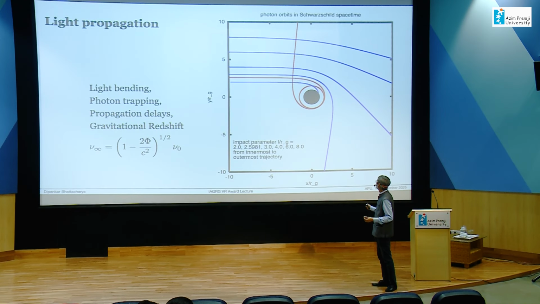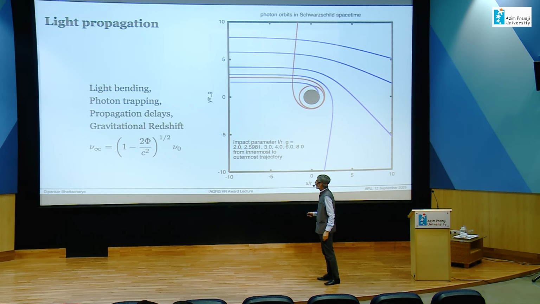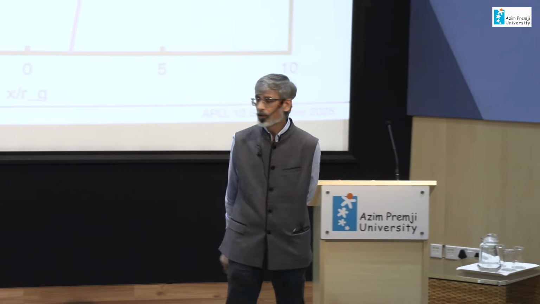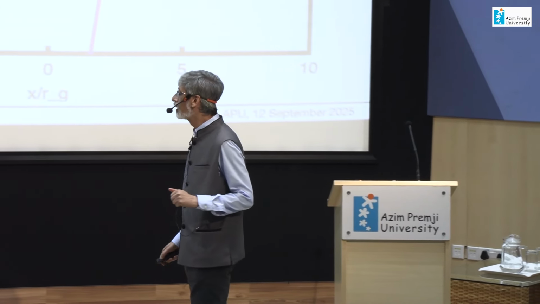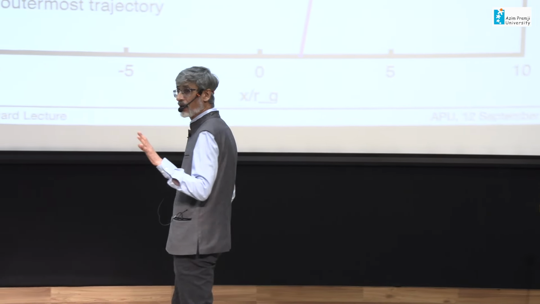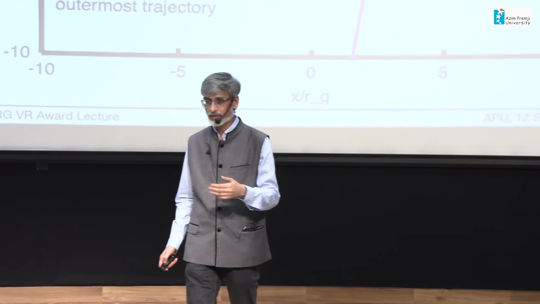Because once you move from a strong gravity region to a region further away, the frequency you see at infinity is reduced by this factor, where this is the gravitational potential at the place of origin, right? So the frequency at infinity is reduced with respect to the frequency at which the light was emitted. That's called gravitational redshift. So all of these effects are going to affect the propagation of light.